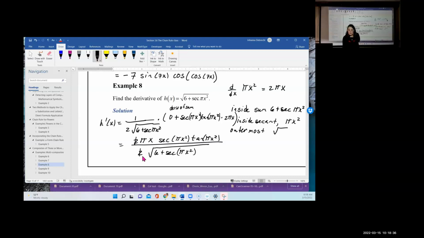But isn't the pi a constant? So wouldn't that be 0? It is a constant. If you took the derivative of 3x squared, what would you get? 6x. But you wouldn't get 0. Okay. Does that make sense?